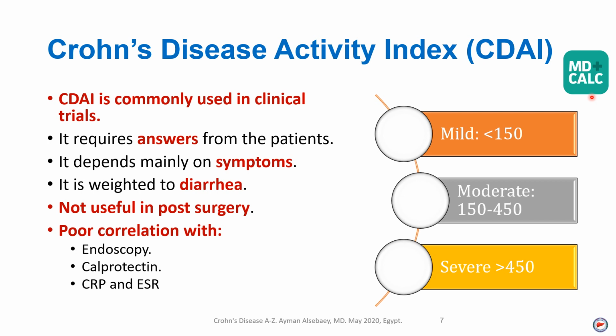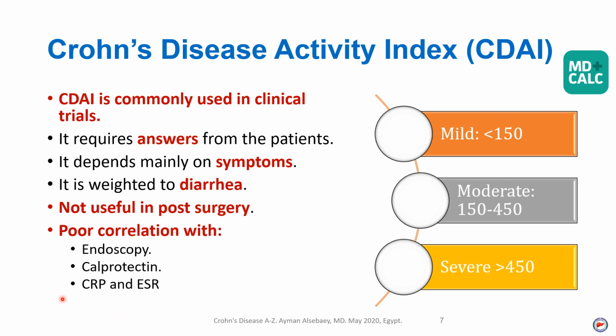But nowadays this score, because it depends mainly on the symptoms, its use is decreasing in the recent literature. As we see, it was commonly used in the clinical trials, but its drawbacks are that it needs answers from the patient, it depends on the symptoms of the patient, it gives a high weight to diarrhea, and we can't use it in patients who underwent resection.